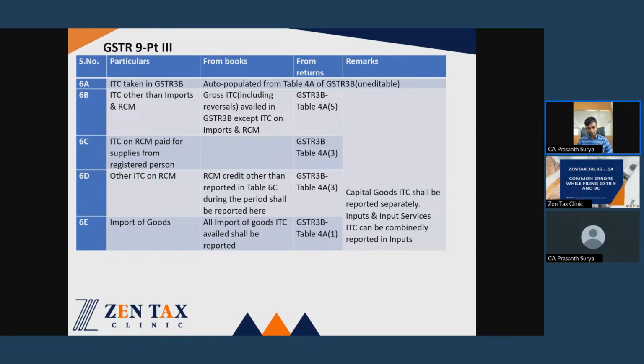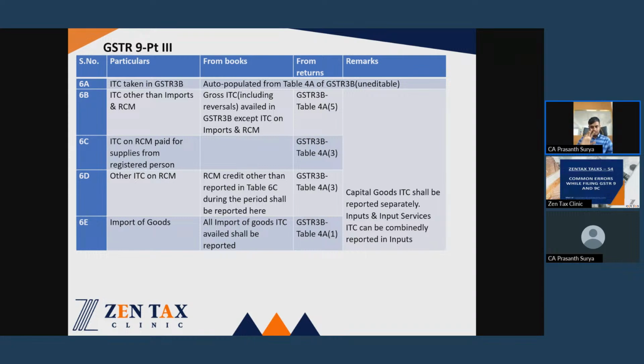In that, they have specifically said, in table 4 of GSTR3B, you should report only the gross ITC which is reflected in GSTR2B, irrespective of whether it is eligible or ineligible. So even if the ITC is 1 lakh and you are eligible only for 80,000, for example, 10,000 is ineligible ITC and 10,000 is ITC for goods you have not received till the month end, in that scenario also, in table 4A, you should report the entire rupees 1 lakh ITC and reverse it in table 4B1 and table 4B2 and bring the net figure in table 4C, which will ultimately get reflected in your electronic credit ledger.